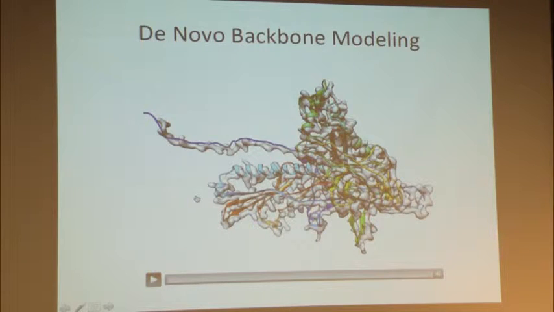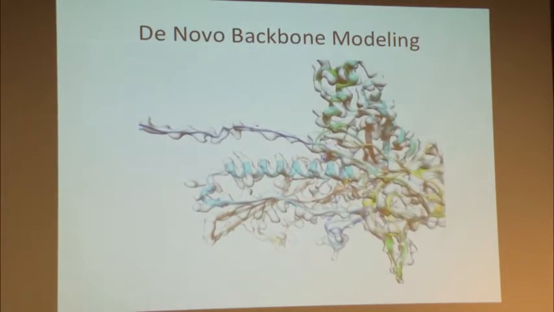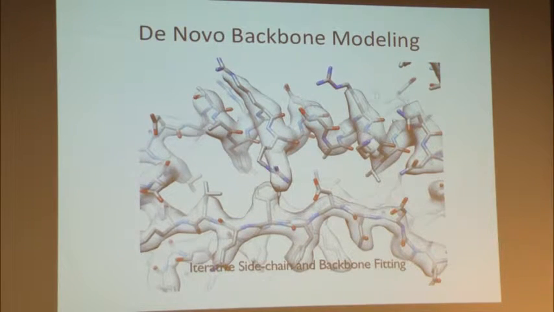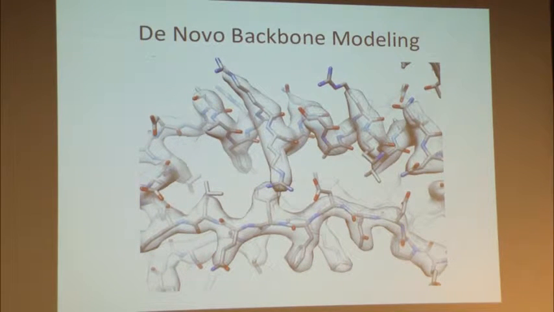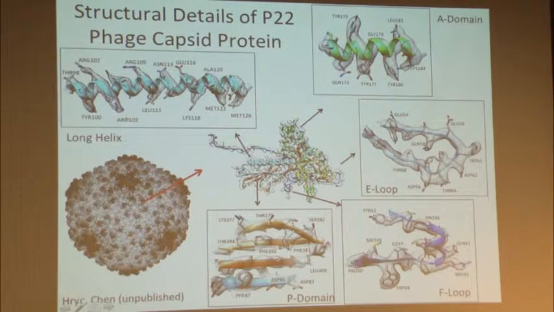So here is what we do: first a rigid body fit, and then start building and fitting both locally and globally, building individual side chains and fitting the side chain model to the density. And that's how we finish the entire model of each individual protein. So this gives you a sense of each one of these 7 polypeptides in an asymmetric unit. The model actually fits quite well with the density. Keep in mind the density is what I call measured density, derived from the images.